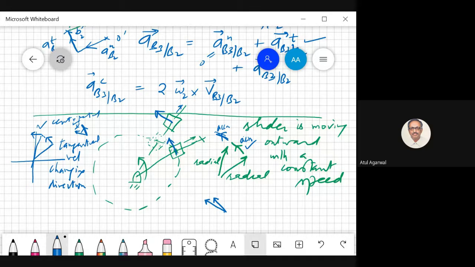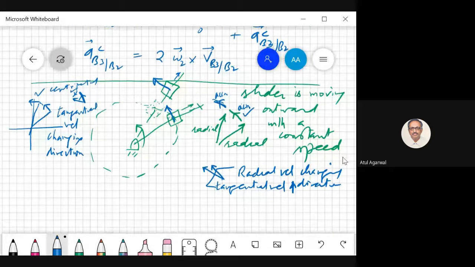Again, you are having acceleration in tangential direction because of increase in tangential velocity. So there are two terms: radial velocity changing direction, and tangential velocity increasing. So these two terms contribute to your Coriolis acceleration. So that is why it is called 2 omega cross v relative.